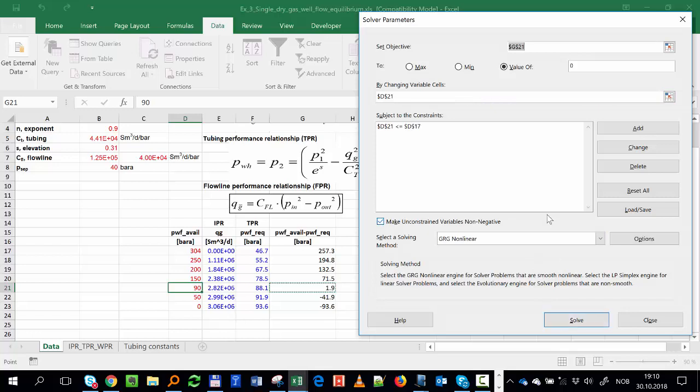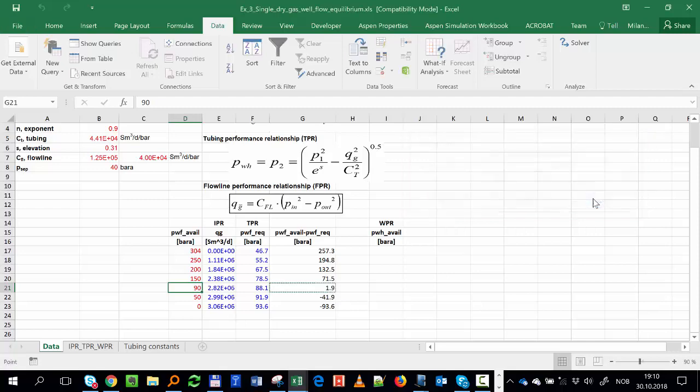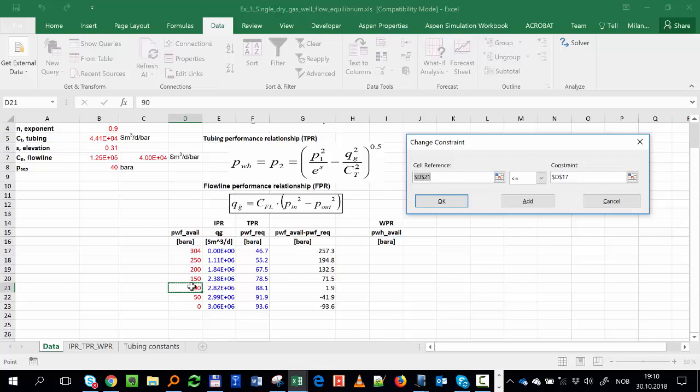Yes? How do we get the last step? Just click Add here. Just click Add, and then you get this window. In that window you say that the cell you're going to change, the variable x, has to be less or equal than reservoir pressure.